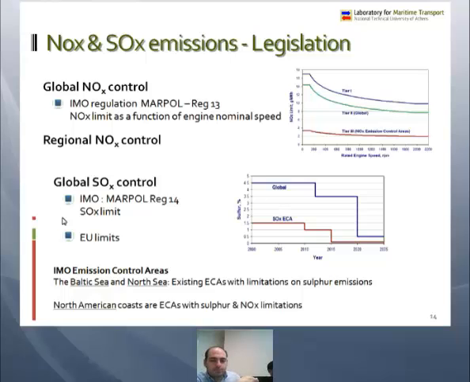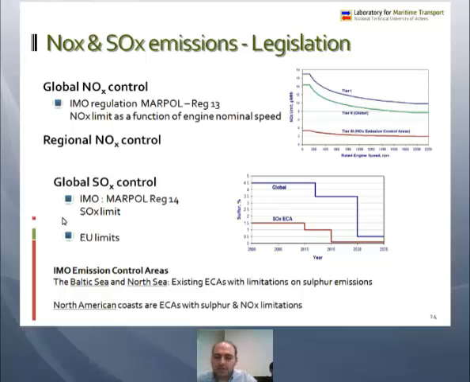This means that in shipping we'll have to use cleaner and more expensive fuel. Eventually we may be forced to use something like diesel oil, like the one that cars use, in ships.